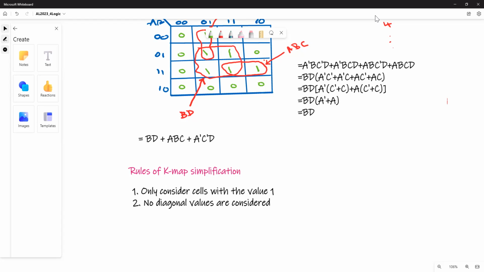This is wrong. Remember that this is wrong. You cannot consider any diagonal elements.